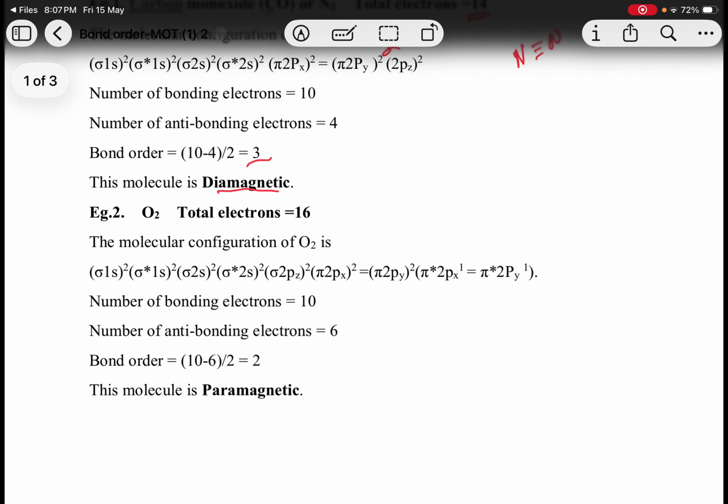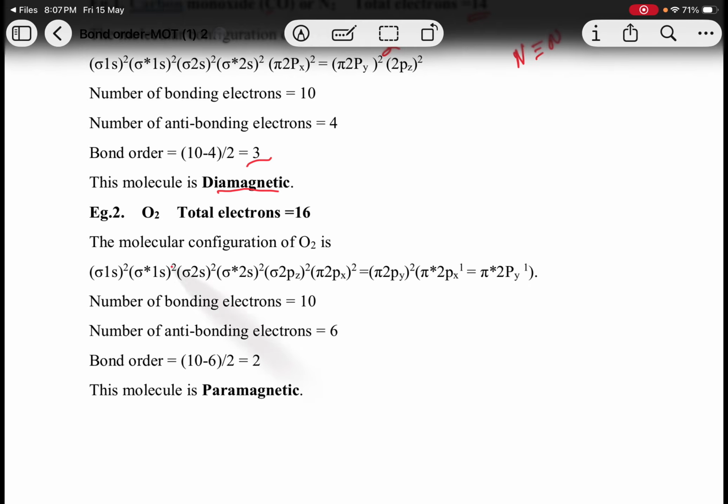Next, second example, O2. Oxygen has atomic number 8, so for two oxygen atoms, 8 plus 8, 16 electrons. The molecular configuration is sigma 1s2, sigma star 1s2, sigma 2s2, sigma star 2s2, sigma 2pz2, pi 2px and pi 2py with 4 electrons, and then pi star 2px equal to pi star 2py.